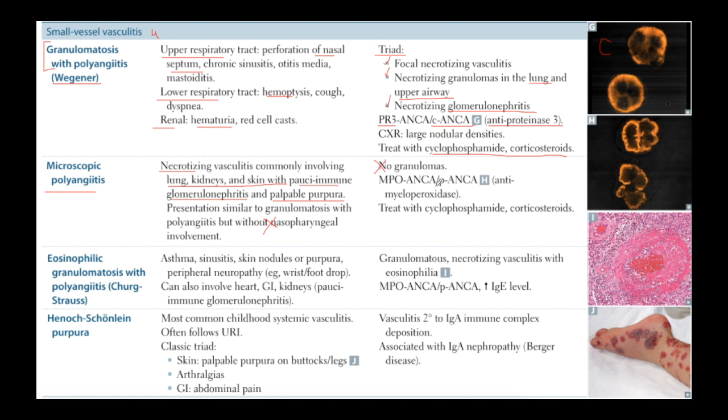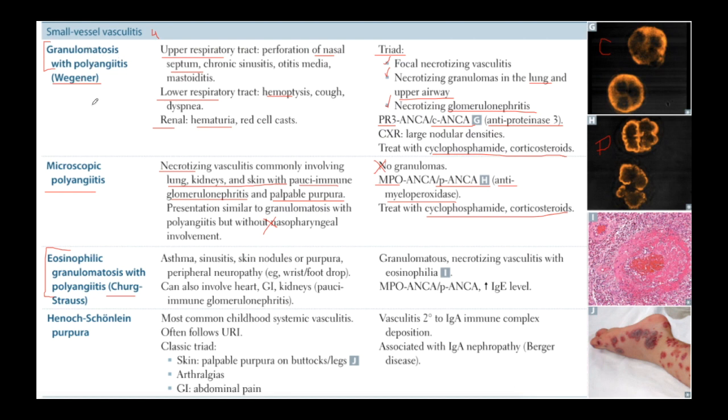And this one has P-ANCA positive in serum, which is also known as MPO-ANCA, so you can see either or, and can also be known as anti-myeloperoxidase. So important to know all three of these versions because you can see any in questions. And this is what our P-ANCA looks like here. And treatment for these two are the same, cyclophosphamide and corticosteroids. And then we have Churg-Strauss, which is also known as eosinophilic granulomatosis with polyangiitis.